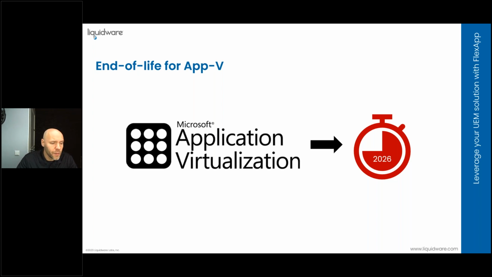And in addition to that, Microsoft also stopped development of AppV already back in 2015, and its standard support in 2018, and the end of extended support is also not too far away from where we are now. So organizations, in my opinion, should really get ready to look at other solutions if they haven't already.